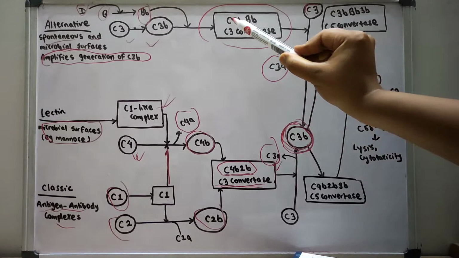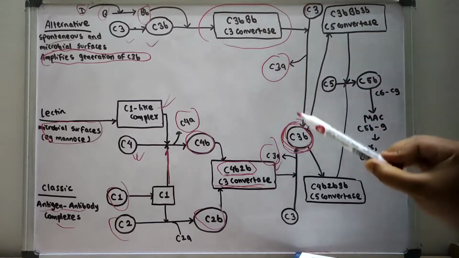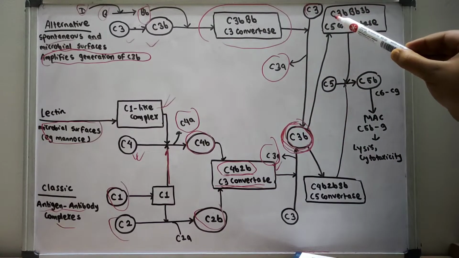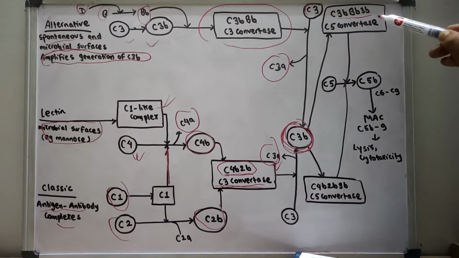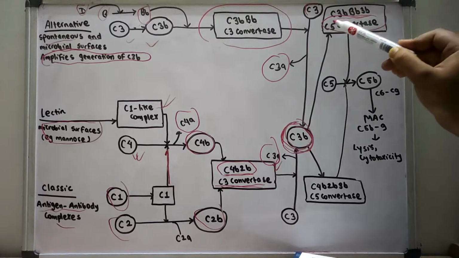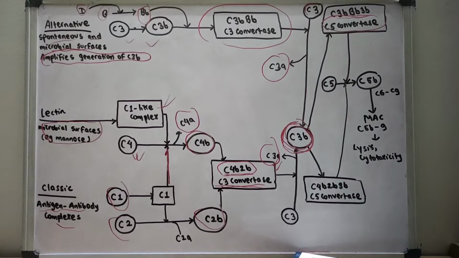So the combination of this C3bBb with C3b, that is C3bBb3b, is known as the C5 convertase formed from the alternative pathway. This C5 convertase helps to convert C5 to C5b, and with the help of C6 to C9, there is formation of the membrane attack complex from the alternative pathway.